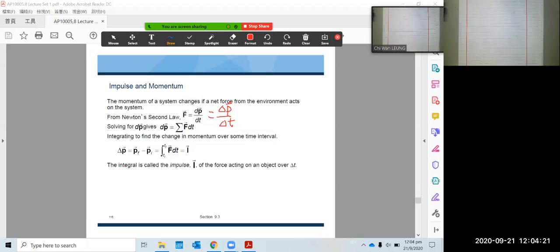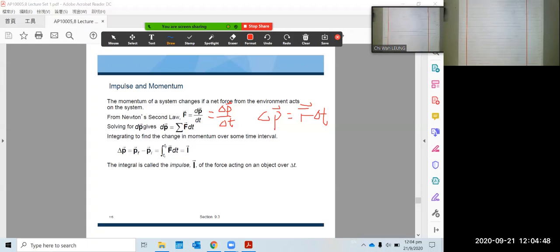Here, the force is equal to dp over dt, and it is also written in the average term, delta p over delta t. So we could rearrange the equation by writing delta p equals F times delta t.